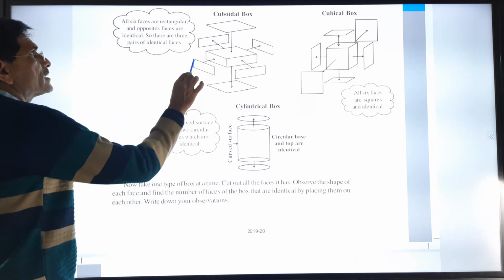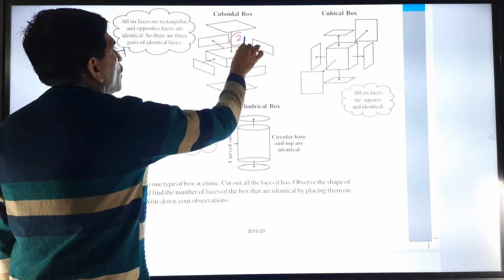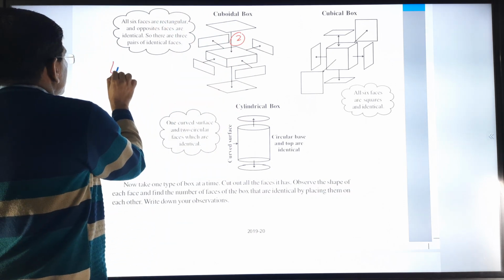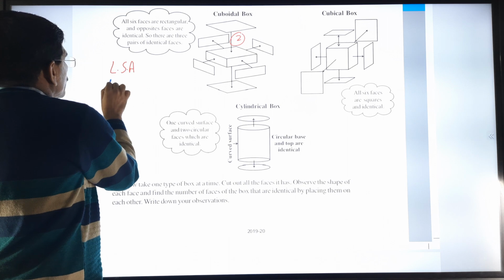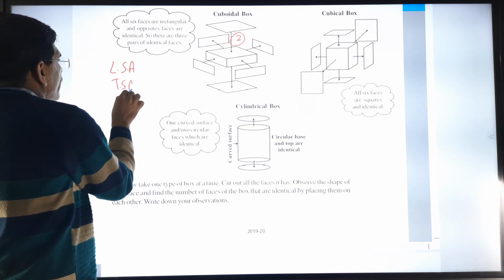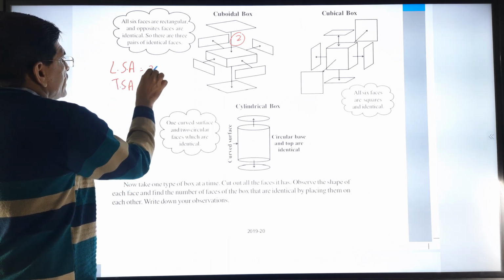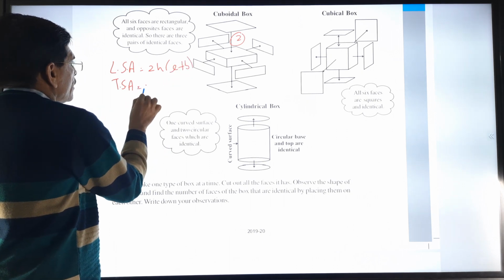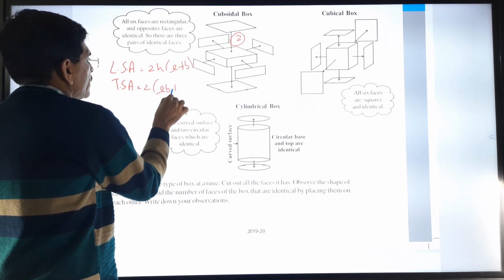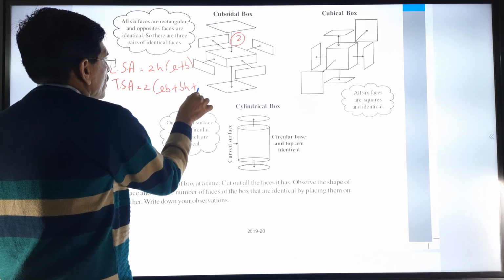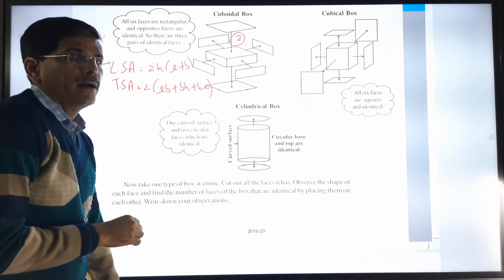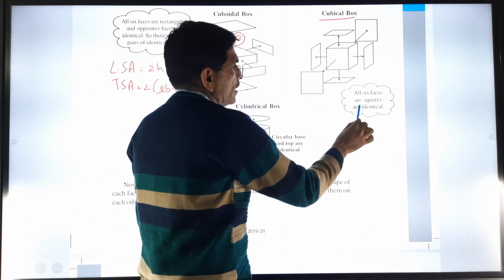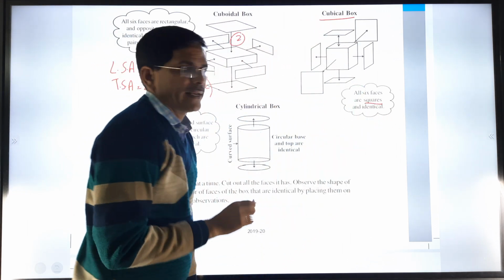So 2 formulas related to the cuboid: lateral surface area, 2H(L plus B), and total surface area, 2 into (LB plus BH plus HL). Now we go for the cubical box. Now here you will see that square is there.